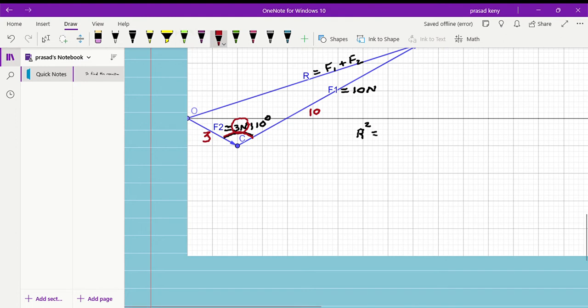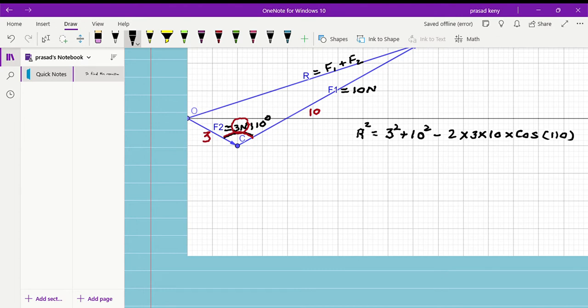So using the cosine rule, R square will be 3 square plus 10 square minus 2 times 3 into 10 multiplied by cos of the angle between the two sides, cos of 110.